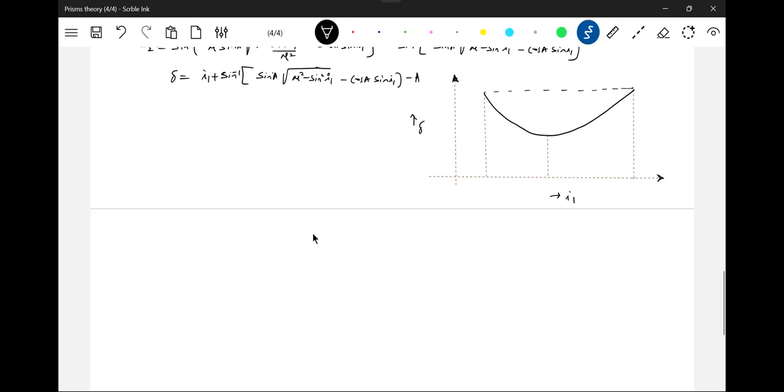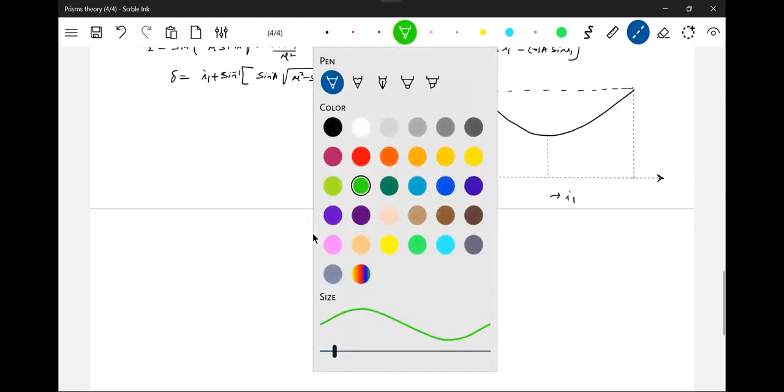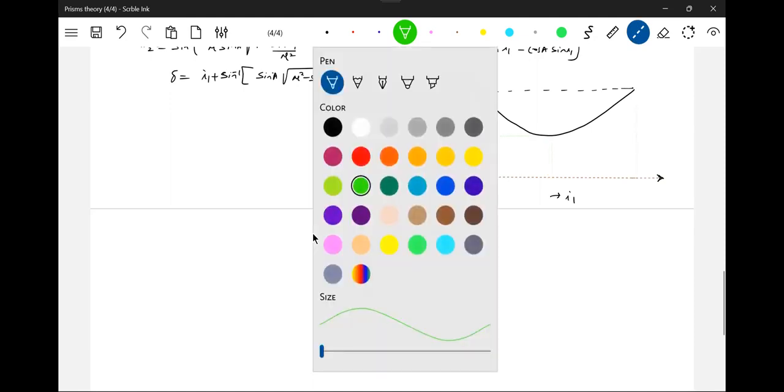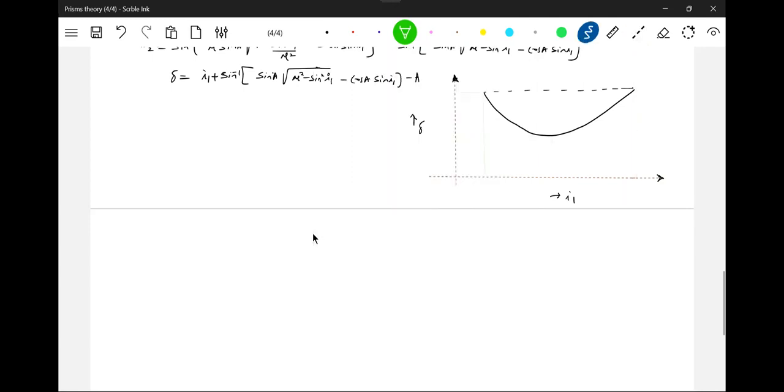Okay, this will be the deviation. So this will be the minimum deviation. There are some other colors we'll use. You can see now.